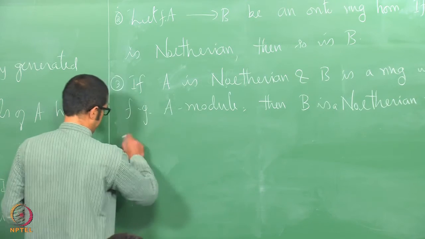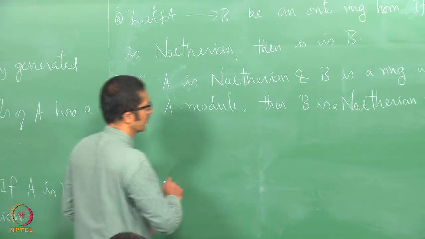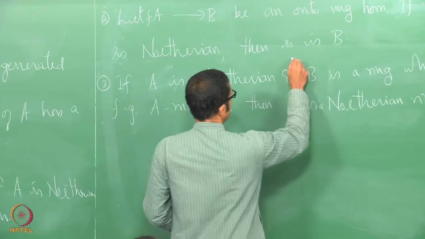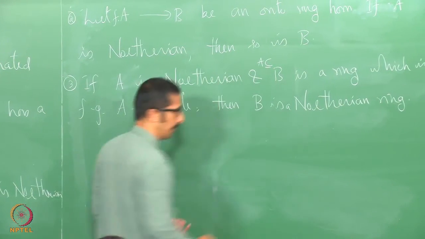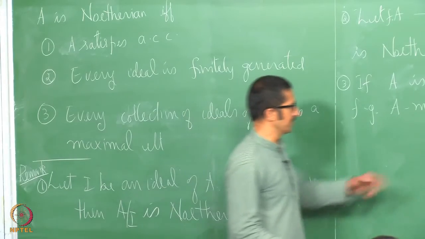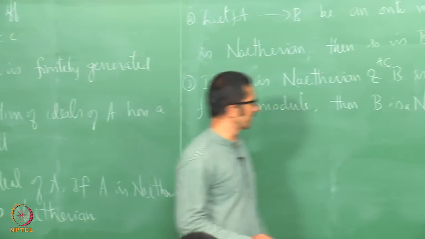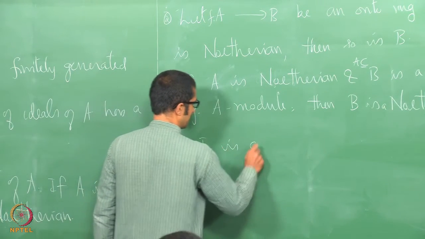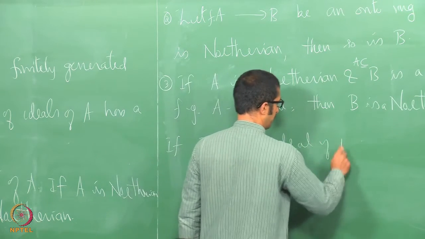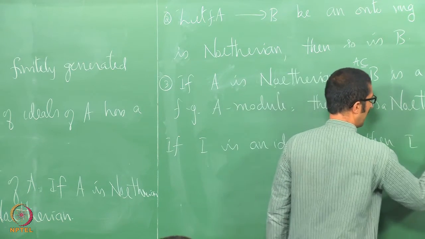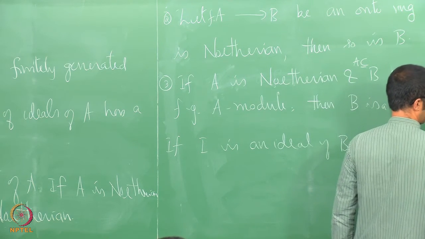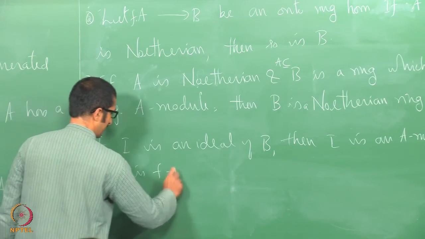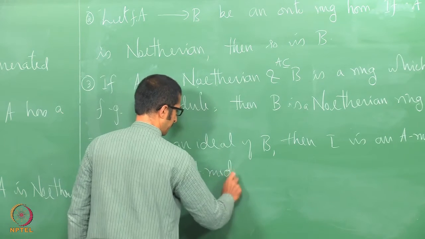So, I am looking at A contained in B, and we need to have multiplication compatibility structure. So, if I is an ideal of B, then I is an A module. This implies that I is a finitely generated A module.